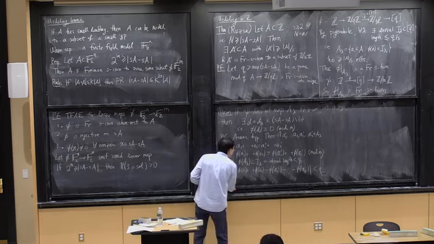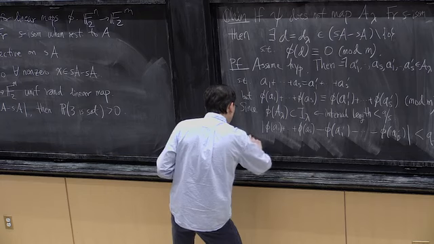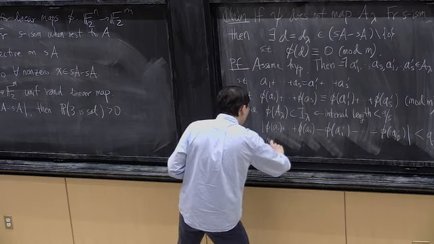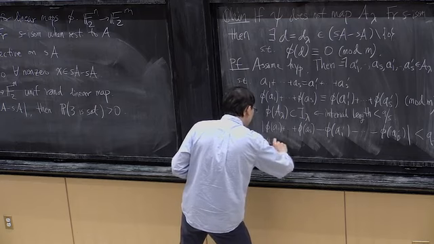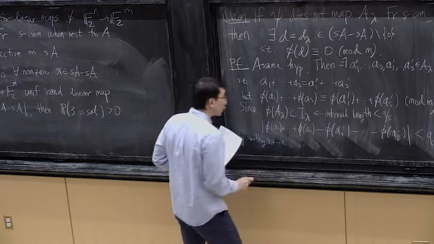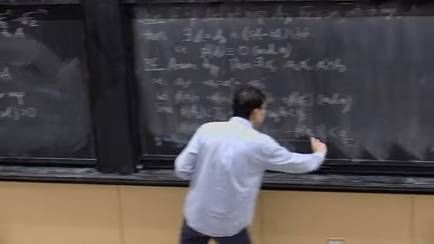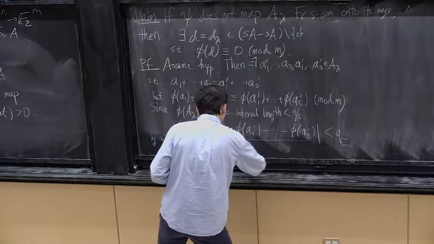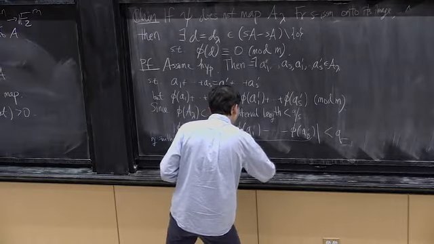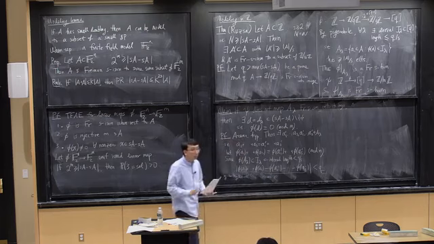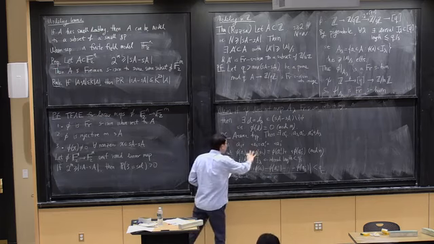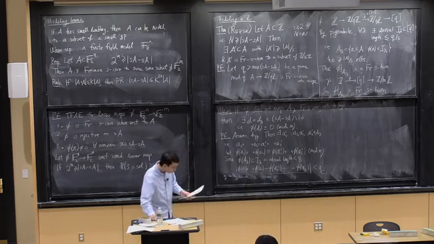Now, by switching the a's and a primes if necessary, we may assume that this difference is non-negative. Otherwise, it's just a labeling issue, and I relabel them.